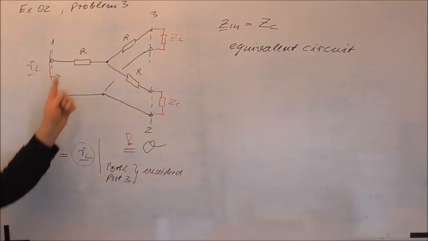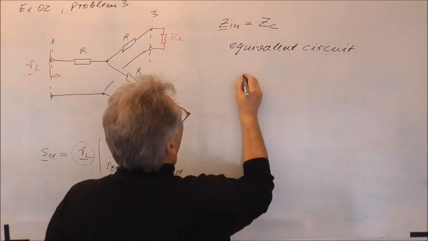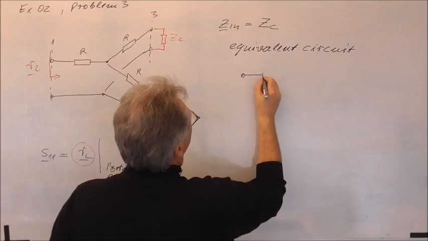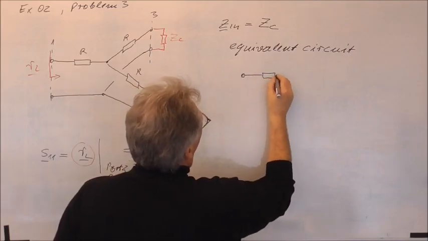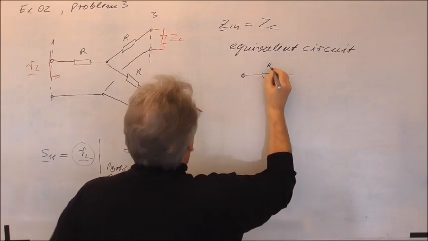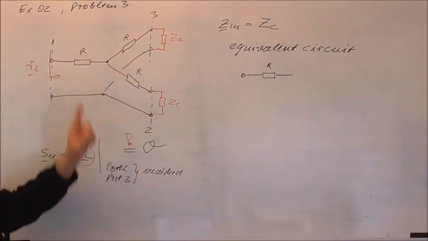The equivalent circuit will be now like this. We have here R. Of course, these are all lumped elements here.